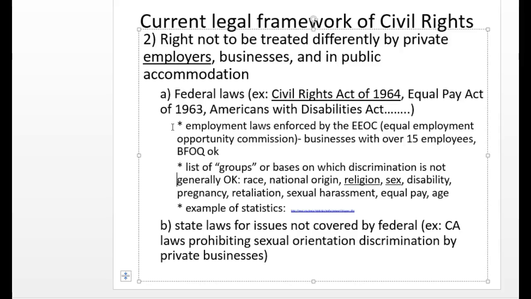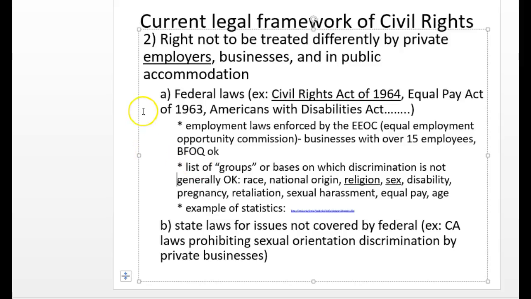Over the summer we were talking a lot about bathrooms in North Carolina. This is probably going to be the next issue that gets attention, unless court after court strikes down this interpretation by the EEOC, and maybe the policy will just go away. But if courts take different positions on this, then certainly it's going to get a lot more attention in the public eye.